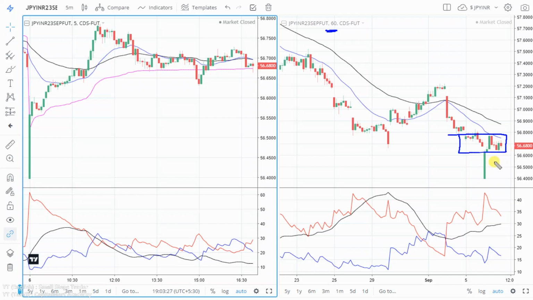The close should be decisively like this, but here within a candle it will come up, so we cannot consider this. It would have to decisively close below this channel, which is very rare. I think there are a lot of chances it goes in the upper direction only. Let us see in the subsequent session how it performs.